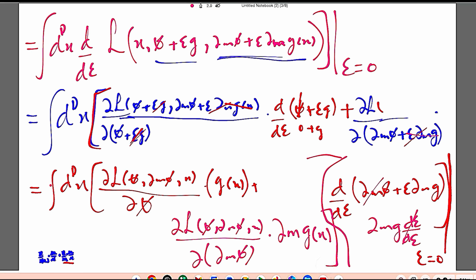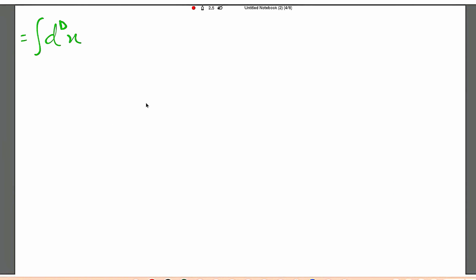We'll close the bracket. Let me rewrite it on the next page. Okay, so inside this bracket we have L, which is simplified, so I don't need to write down its argument anymore because we know what kind of argument it has.